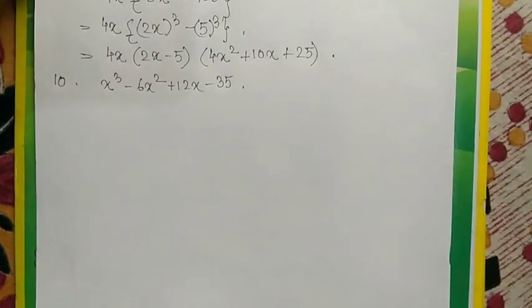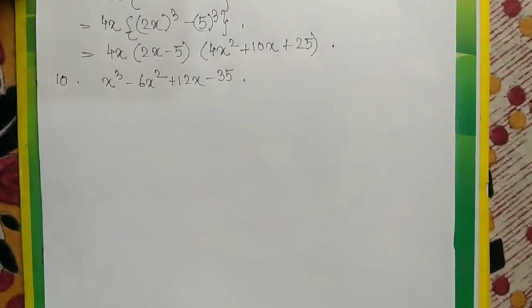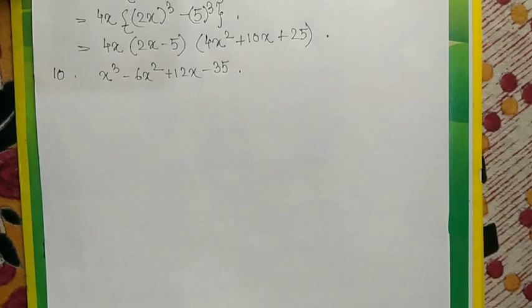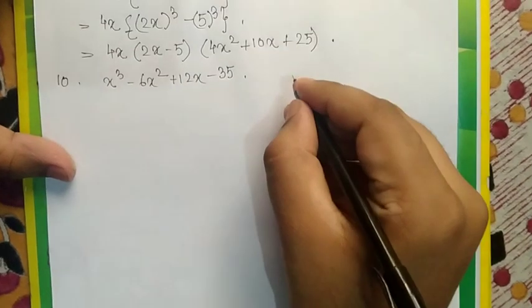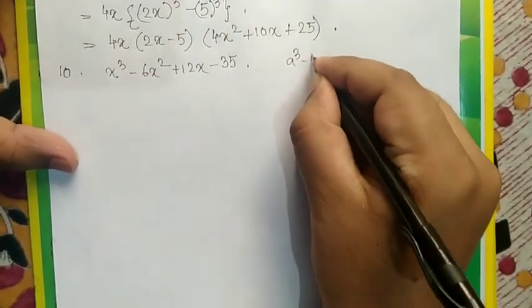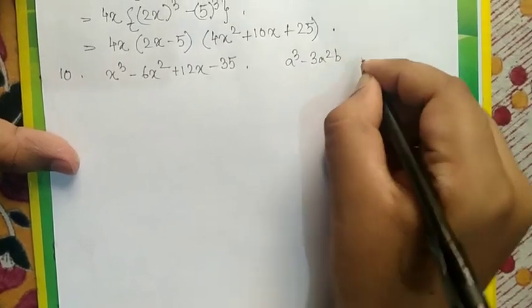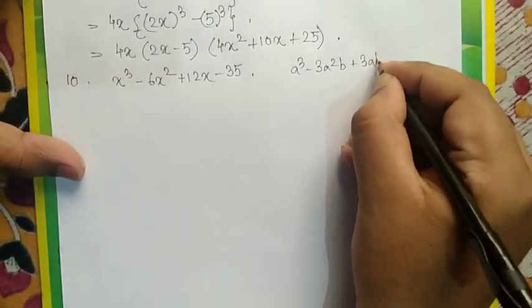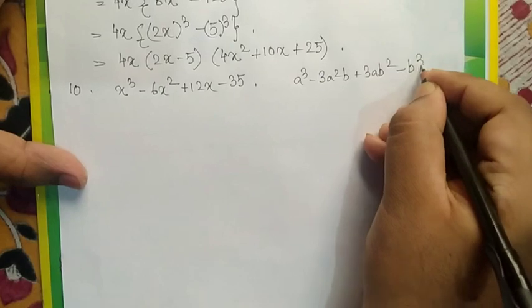This is sum number 10. It's a different sum. First of all, we have to use the formation a cube minus 3a square b plus 3ab square minus b cube.